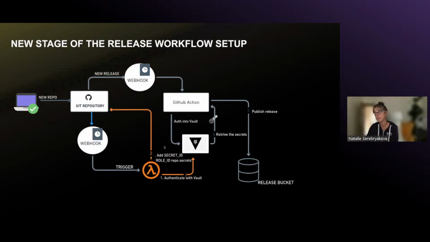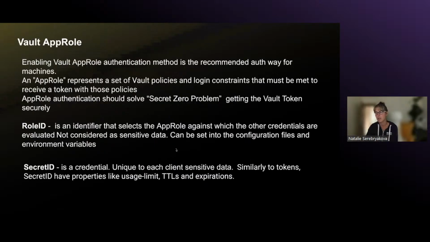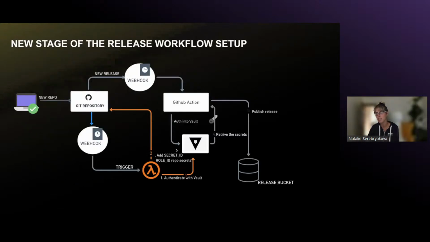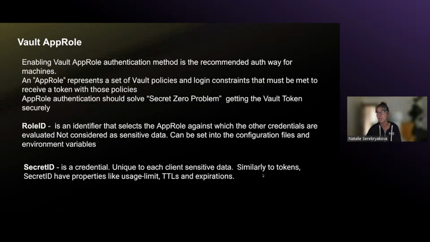It gives us the opportunity to talk to Vault, and from Vault create secrets and role IDs, which in the future will be used by different GitHub Actions in certain workflows. And after that, publishing those releases.